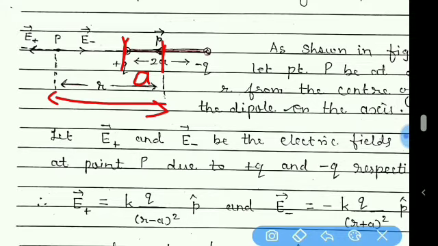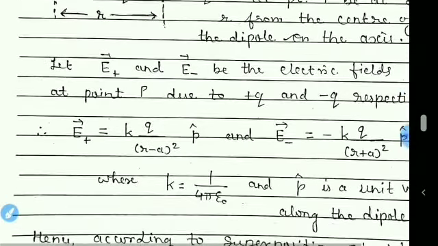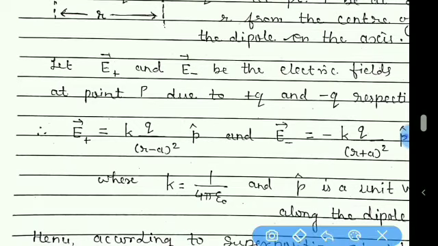So the distance of point P from the positive charge Q will be r minus a. And so the electric field due to this positive charge can be given as E plus is equal to KQ by distance squared.